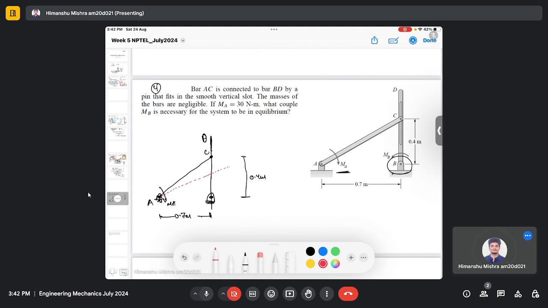Here there is a virtual displacement of this BD bar as well. It will move to here, right? So this is the angular displacement of del theta, and this is del beta.